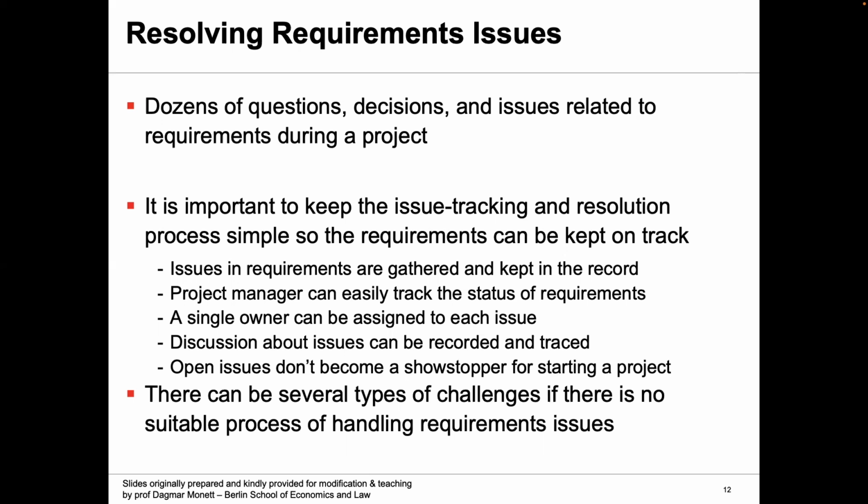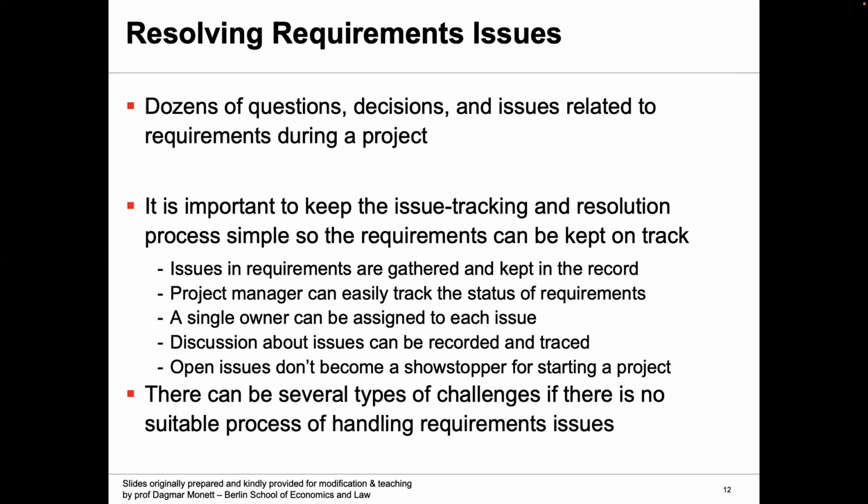And by recording these issues in an issue tracking tool, we can let all the stakeholders have access to them, right? Because all of them need to be on the same page as to what status the requirement is at. So keeping the issue tracking and the resolution process simple will help you resolve these requirement issues.